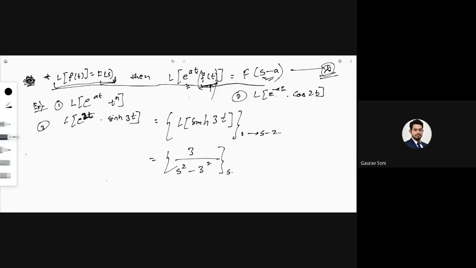Then I will replace s by s minus 2. So the answer is 3 upon s minus 2 whole square minus 3 square, which is 9. So this is 3 upon s square minus 4s plus 4 minus 9, which is s square minus 4s minus 5.